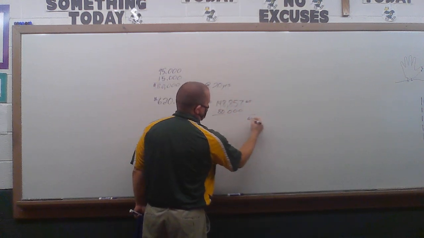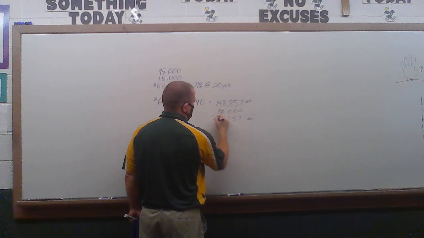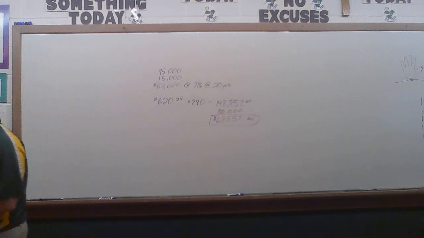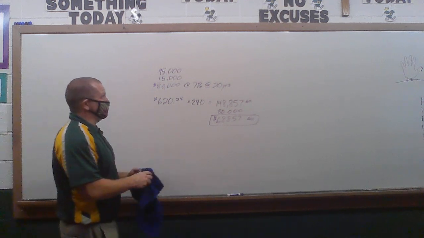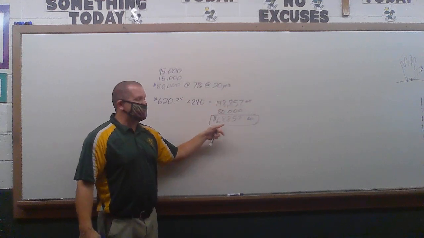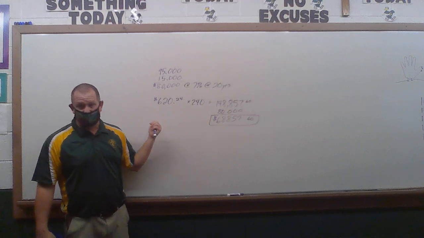So, subtract. 68,857.6. Remember when I asked you what's better, to buy a house or to pay rent? Essentially, in 20 years, you would spend an extra $68,000 just in interest to buy that particular house.